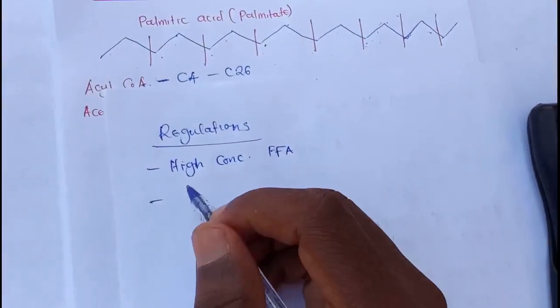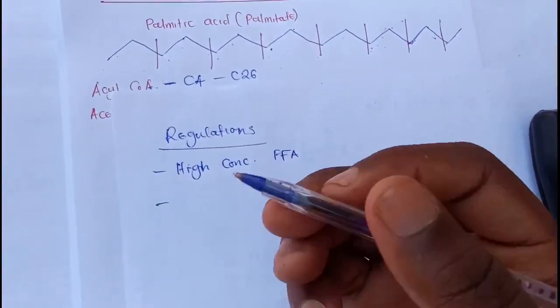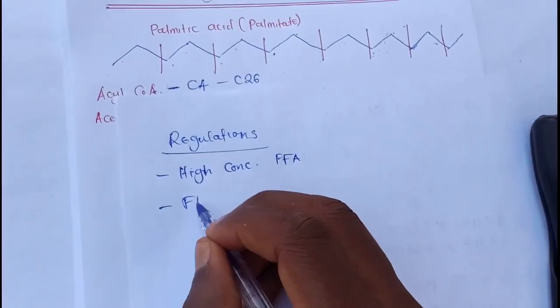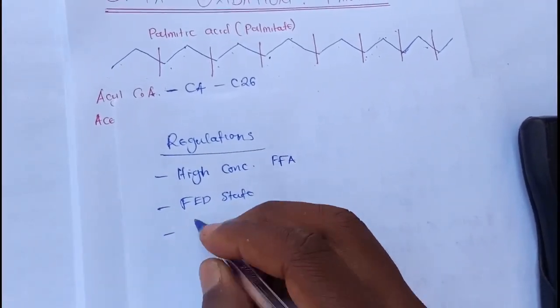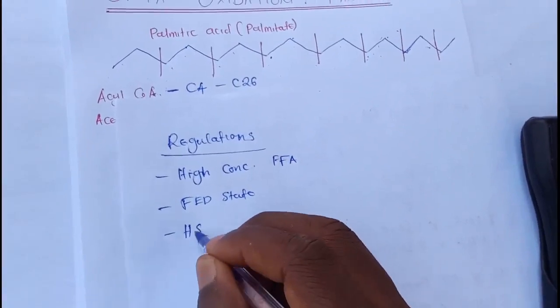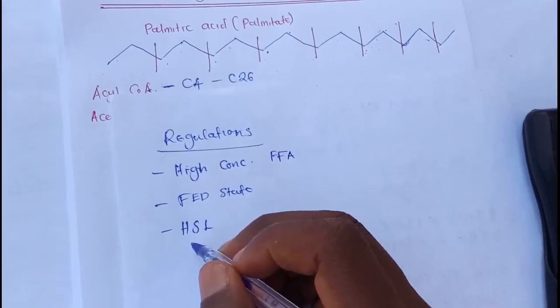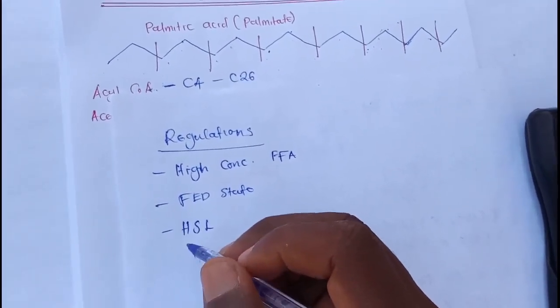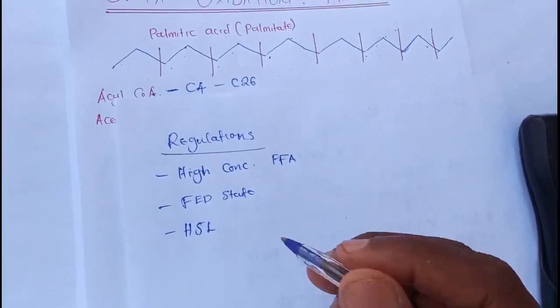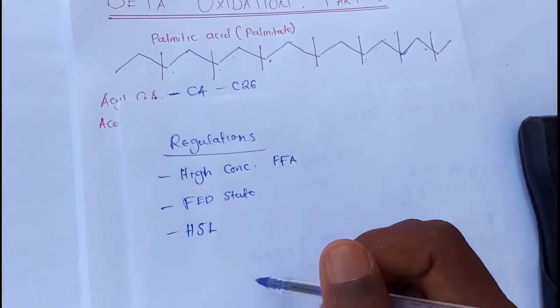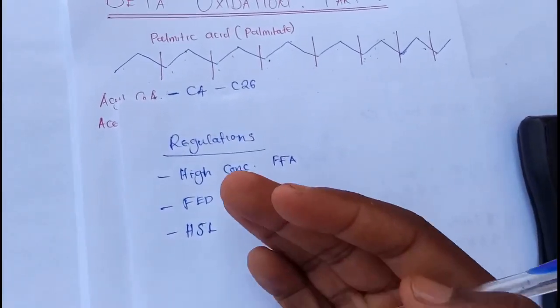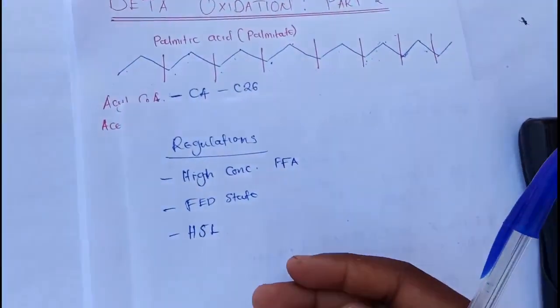Another thing that regulates is simply when you're in a fed state, all right? Fed state. Another thing, hormone sensitive lipase. So this hormone sensitive lipase is also sensitive to high concentration of free fatty acid, and to hormones such as glucagon and insulin.